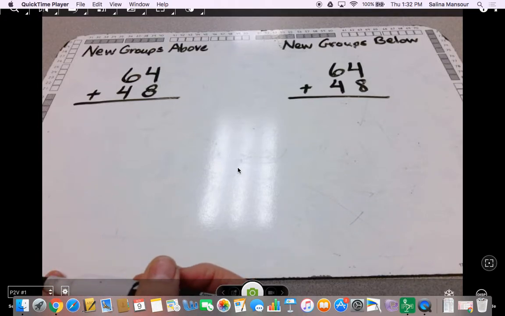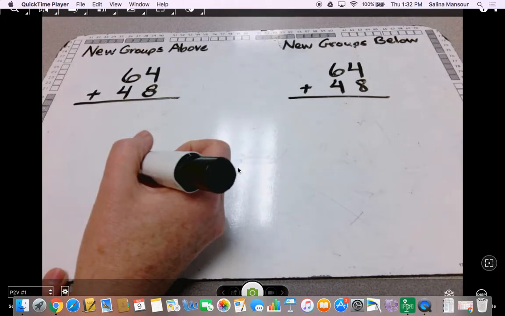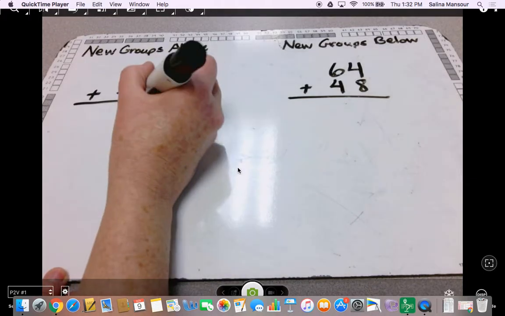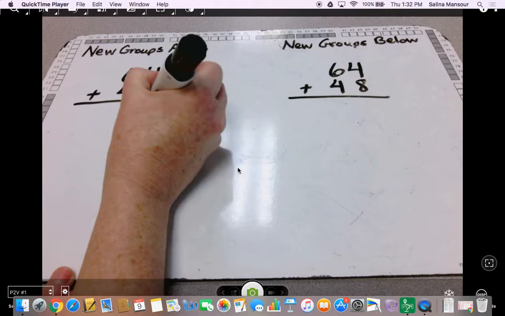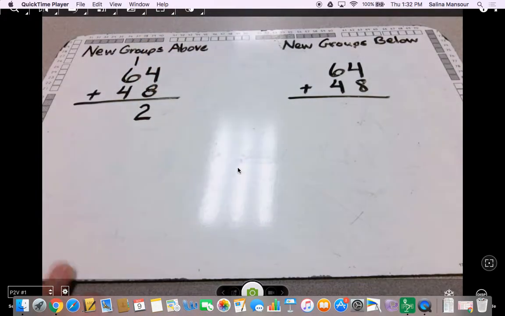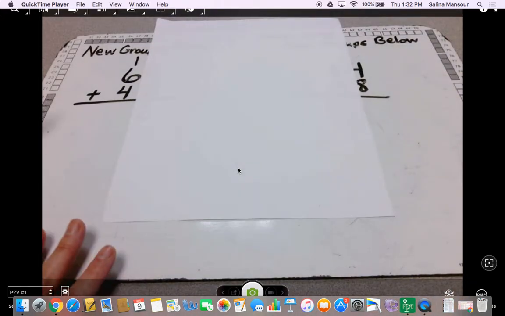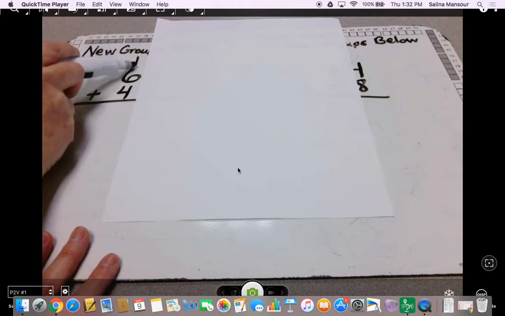12 ones, ooh, I made a new 10. Because 12 is 10 plus 2. So 2 ones plus 1 new 10. And notice again, I wrote my new 10 right at the top.